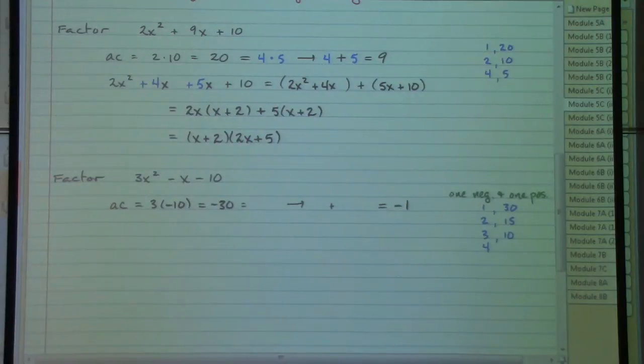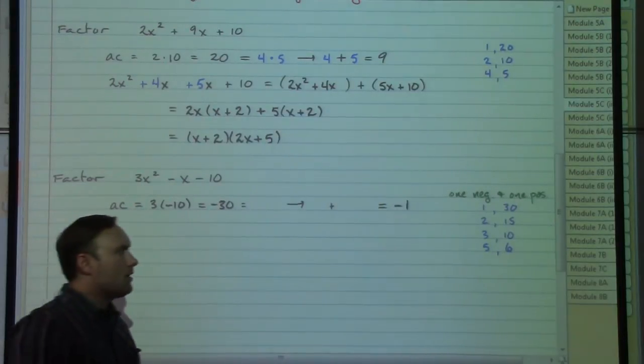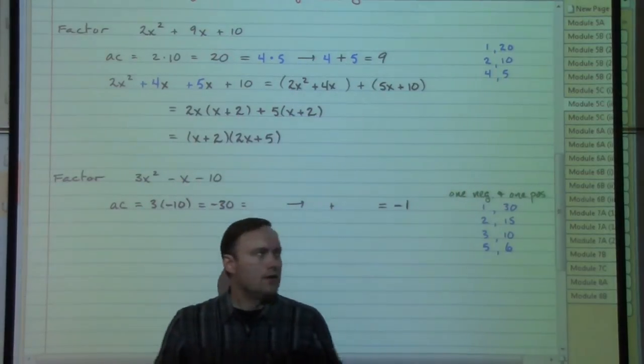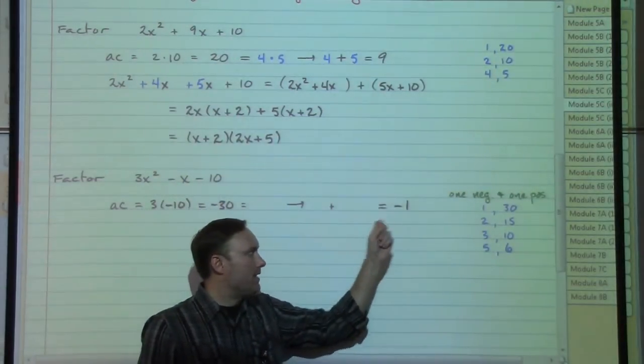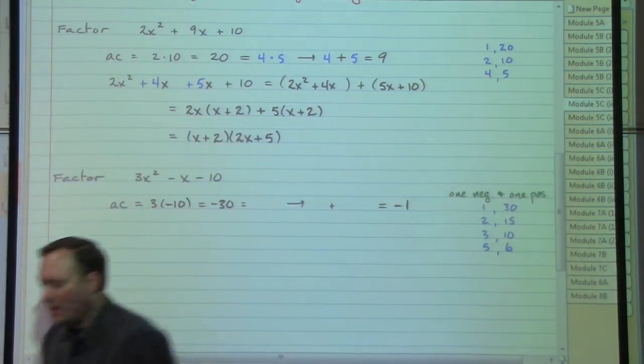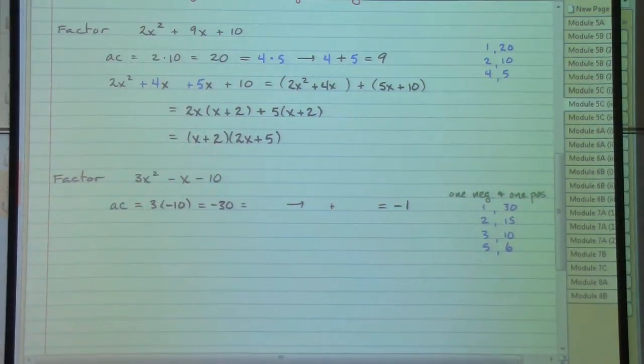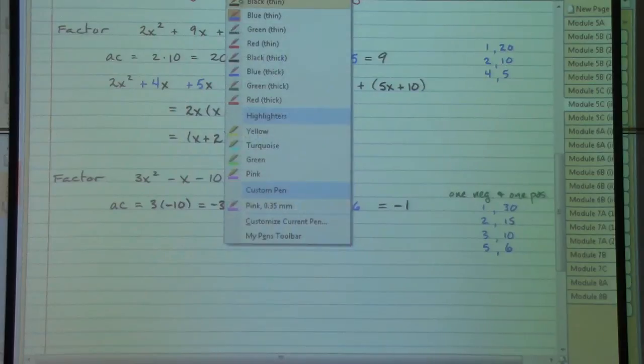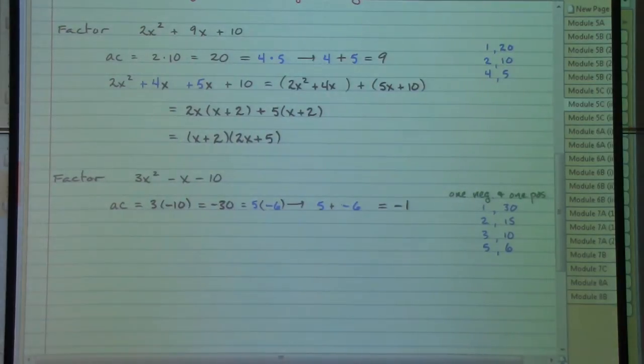4 doesn't work, so I jump to a 5. Now these will work, but I have to have just the right one negative and just the right one positive, so that blank plus blank is negative 1, which means that we would have to have a 5 as our positive, and we would have to have the 6 as the negative in order for things to work out properly.